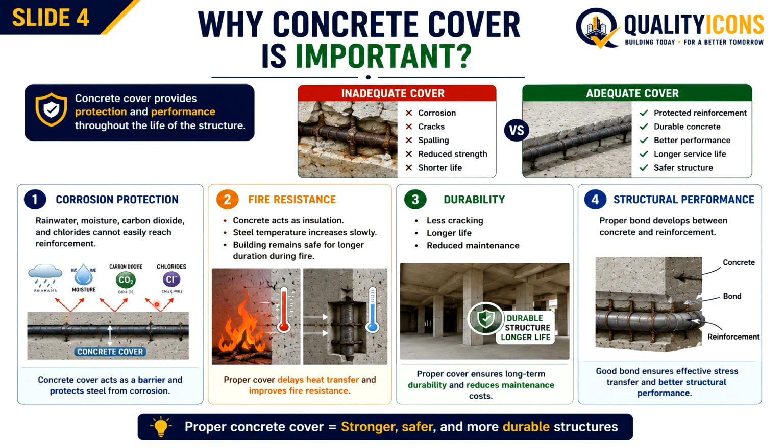Suppose a basement retaining wall is continuously exposed to groundwater. If concrete cover is insufficient, water reaches reinforcement much faster. Steel starts rusting. Rust expands nearly 7 times its original volume. This expansion creates internal pressure.